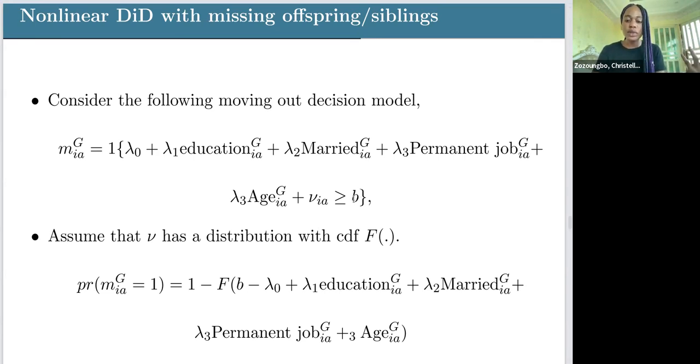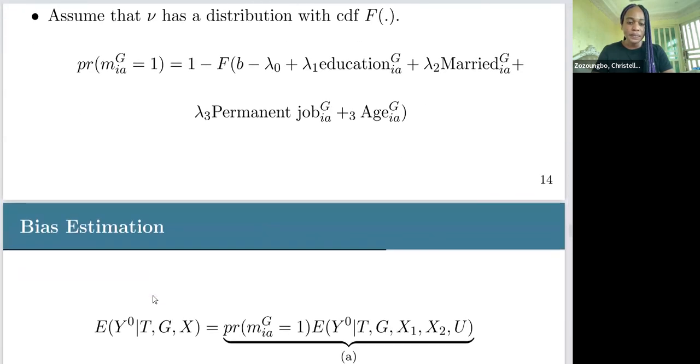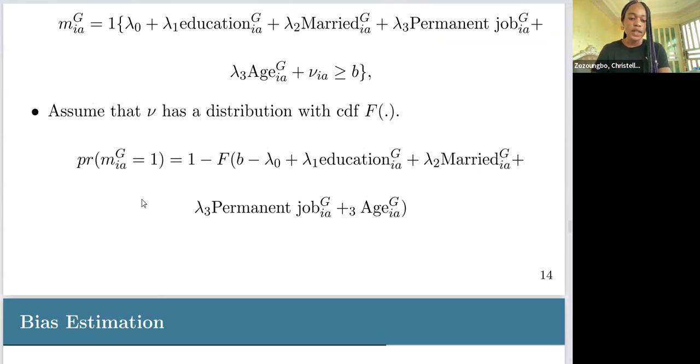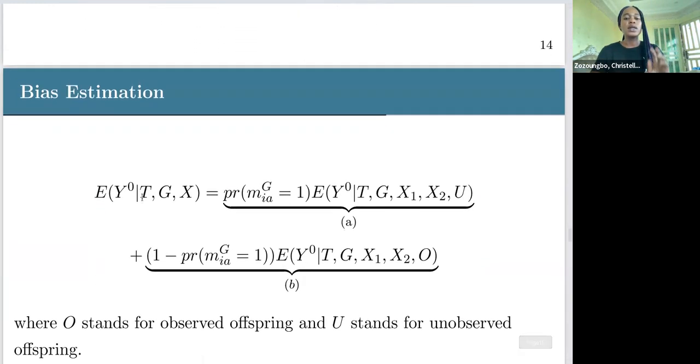And still following the usual selection model, I can just assume that B is 0. And assuming a distribution for mu here, I can get the probability that somebody moved out of the family house, which I will use later in my analysis. This probability is clearly identified and can be estimated from a probit, logit, or whatever estimation strategy.